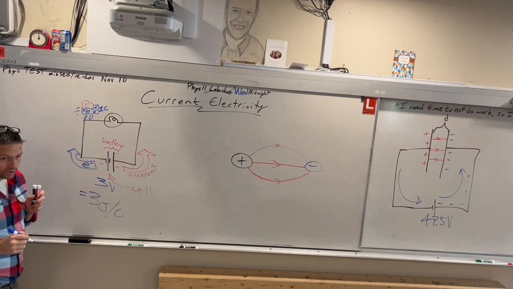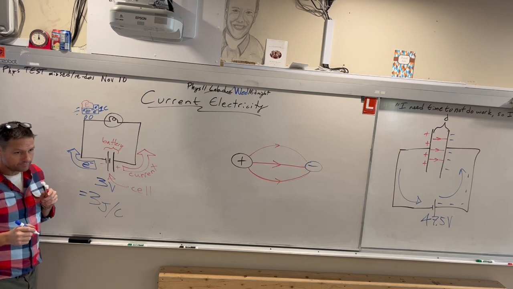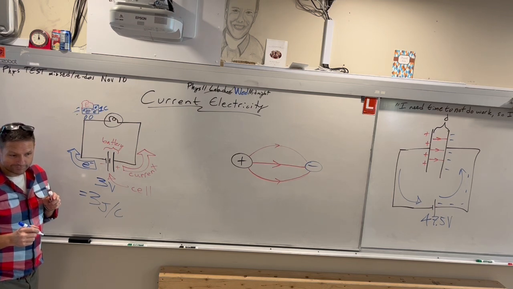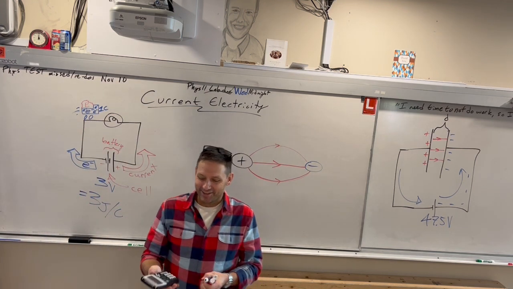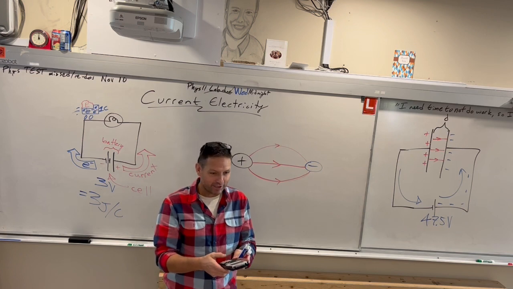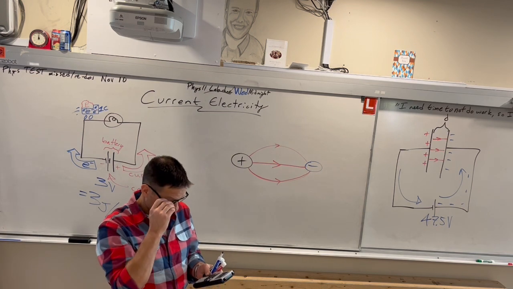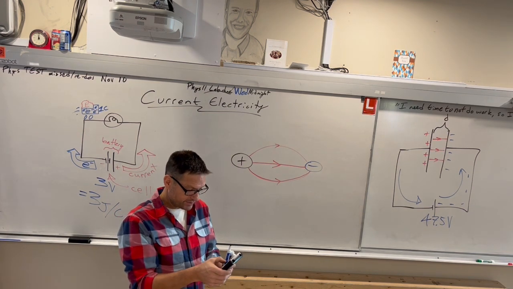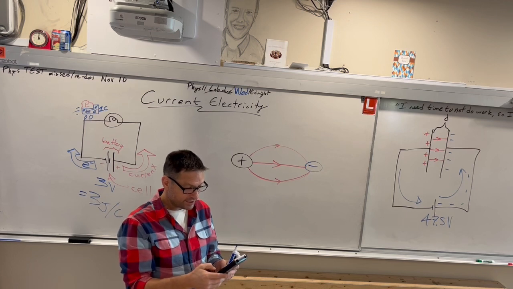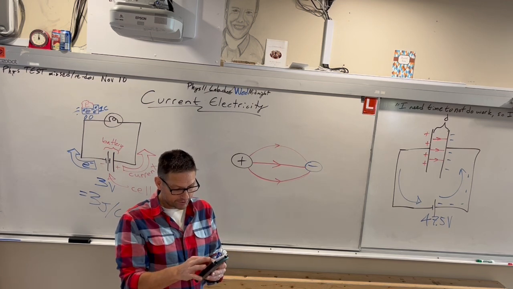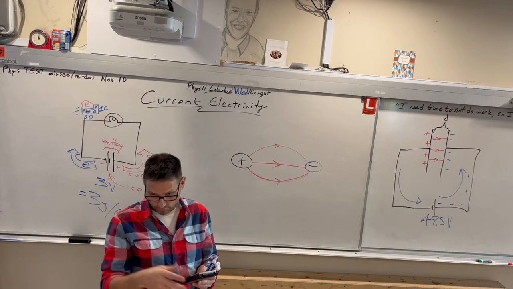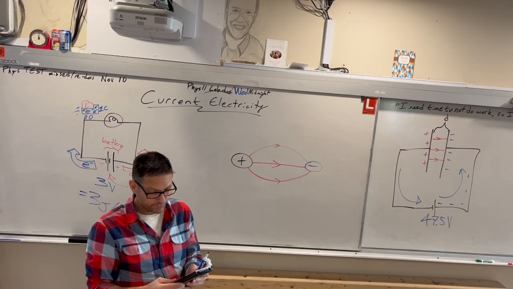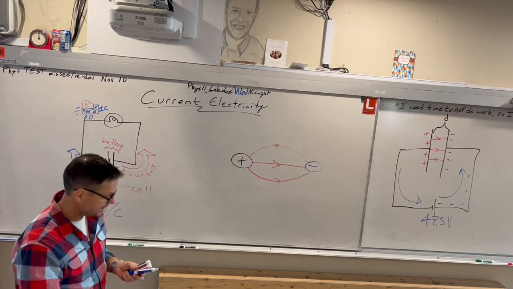Do you know how many electrons are in 1 coulomb? It's a lot. The charge on an electron is what? 1.6 times 10 to the negative 19. So if I put in 1.6 times 10 to the negative 19 and then I invert that, you divide it, which will give you the number: 1 divided by 1.6. That number is 6.25 times 10 to the 18.